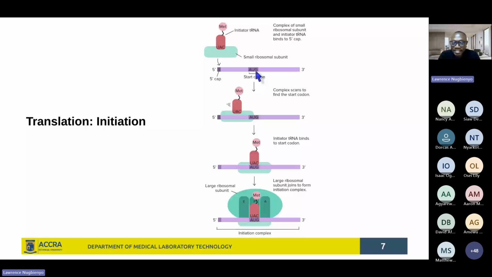And so methionine is the first amino acid that starts the process of protein synthesis. And so you see, onto the start codon, you are seeing a small ribosomal subunit combined to a transfer RNA.